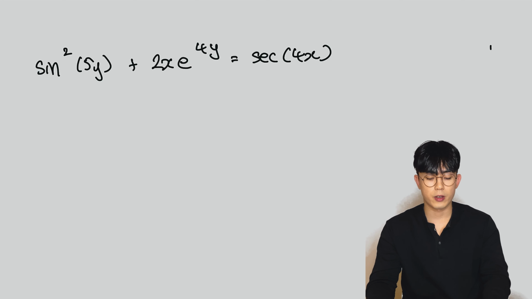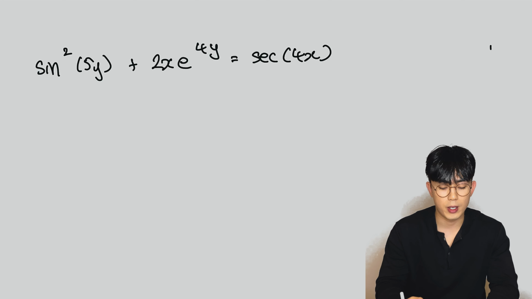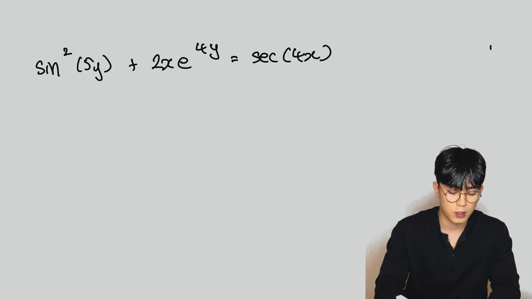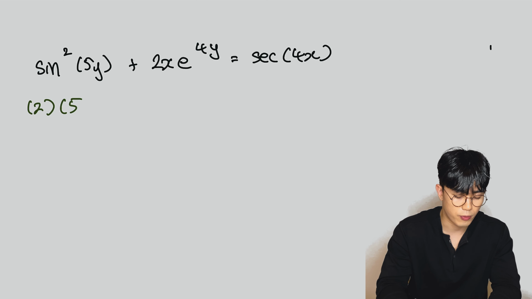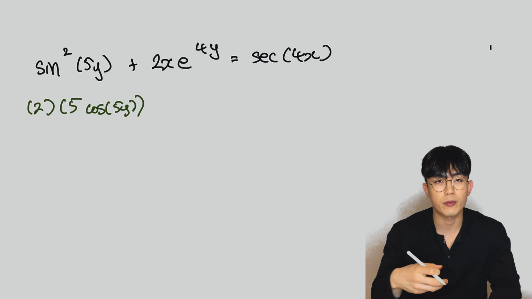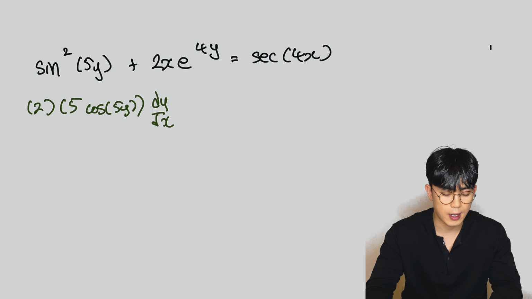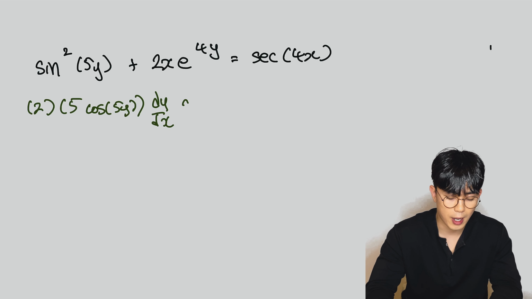Okay, so first things first, sine squared 5y is sine 5y raised to the power of 2, so we know chain rule. So the 2 comes down, I differentiate my sine 5y, which will give me 5 cos 5y. But because I differentiate the y term, place dy by dx behind that. And then I put sine 5y, because we minus 1 from the power.